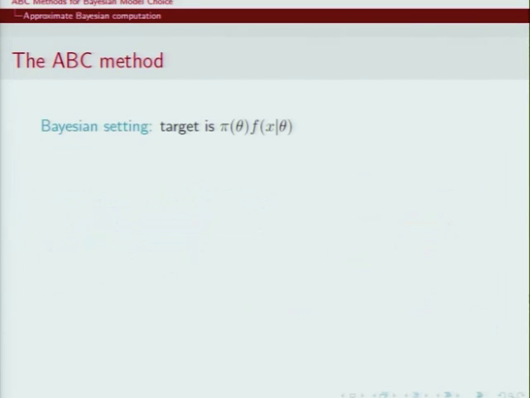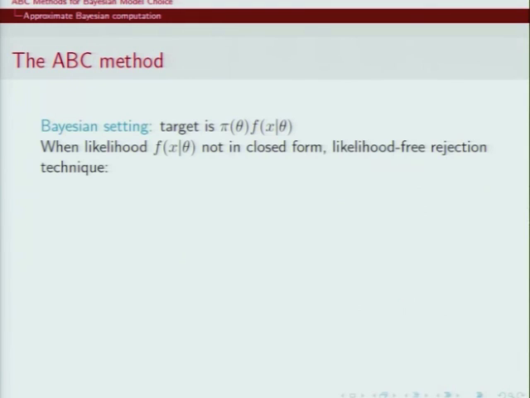So what is ABC? Well, the starting point is B for Bayesian. So we have a posterior distribution, pi of theta, f of x given theta. And because we cannot compute f of x given theta, we run simulation instead, and simulation of the data rather than the parameters.